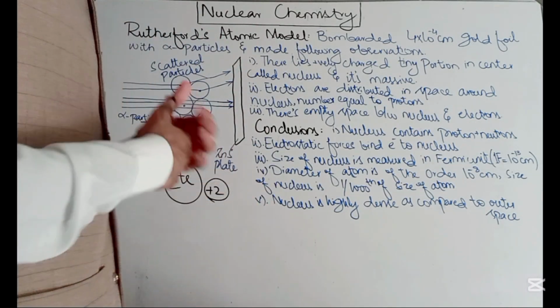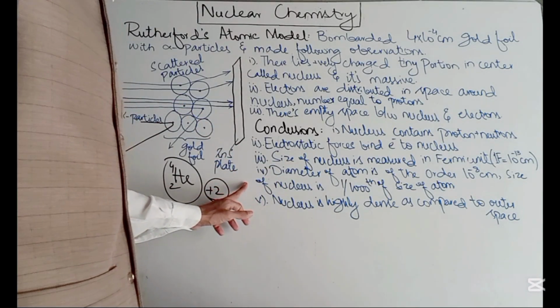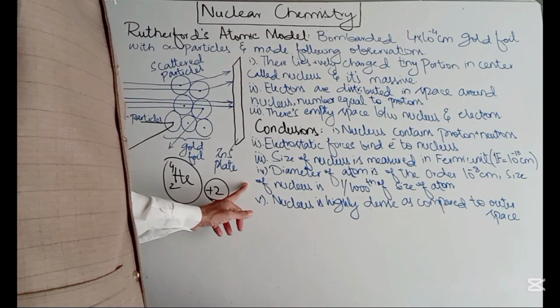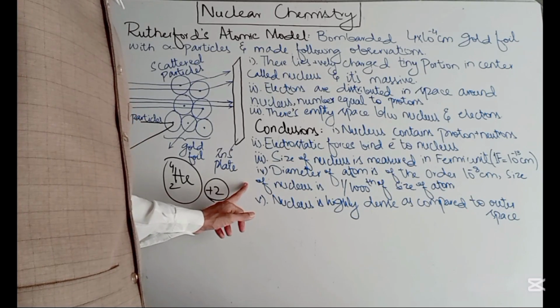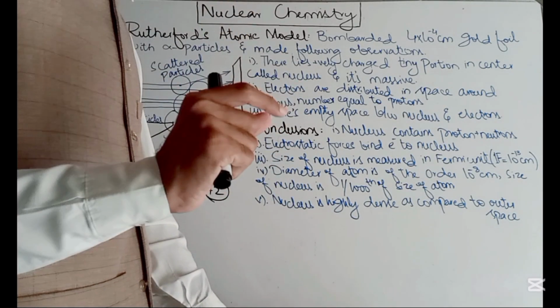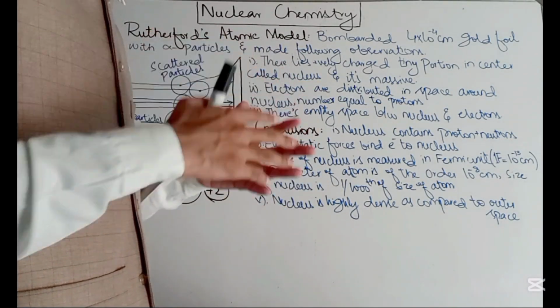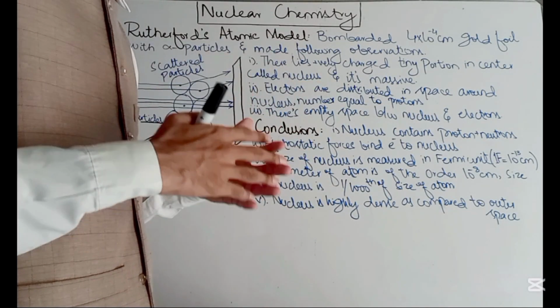The diameter of the atom is of the order 10^-8 centimeter. The size of the nucleus is 1/1,000th of the size of the atom. So he concluded that the nucleus is very small as compared to the size of the atom or the whole space of the atom.